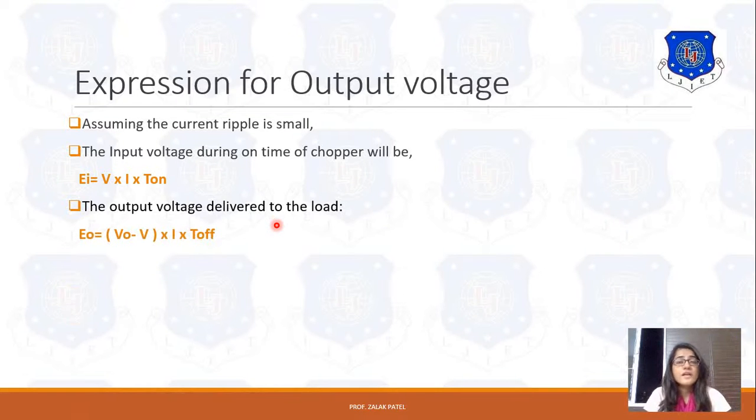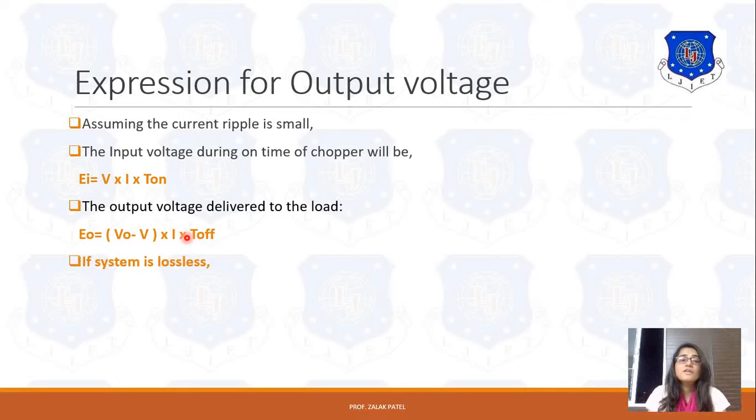If you remember the step down chopper example, we subtracted the chopping voltage, V chop, from the original output voltage, so VO minus V chop. Over here also the output energy is VO minus V into I, into T off, the off time. Now we have the value of the input as well as the output.